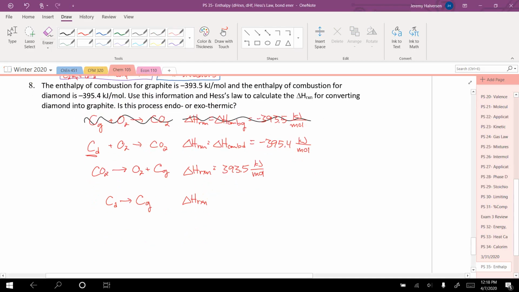Now let's check these add up to each other. Well, I've got my diamond on the left, graphite on the right, so we're good. And everything else has to cancel. O2 on the left cancels O2 on the right. CO2 on the left cancels CO2 on the right.